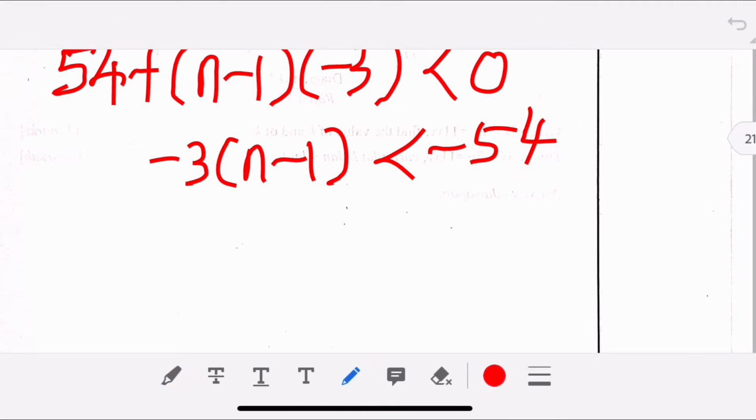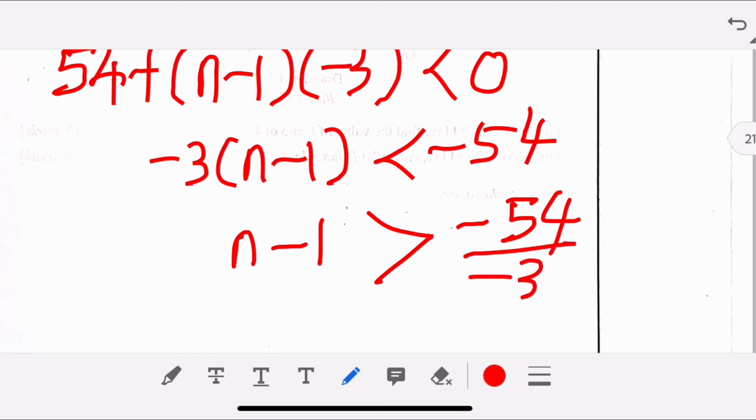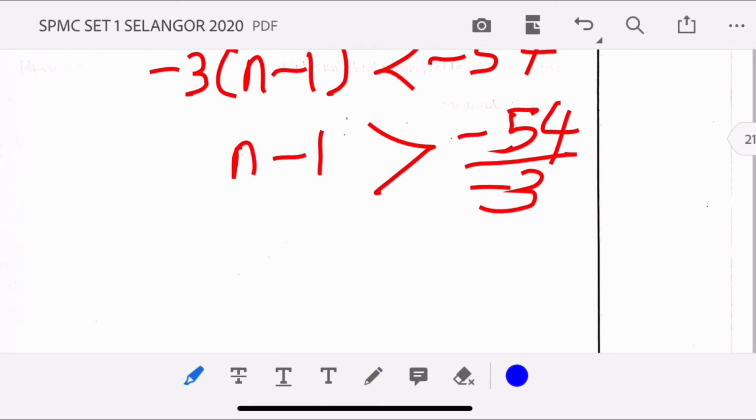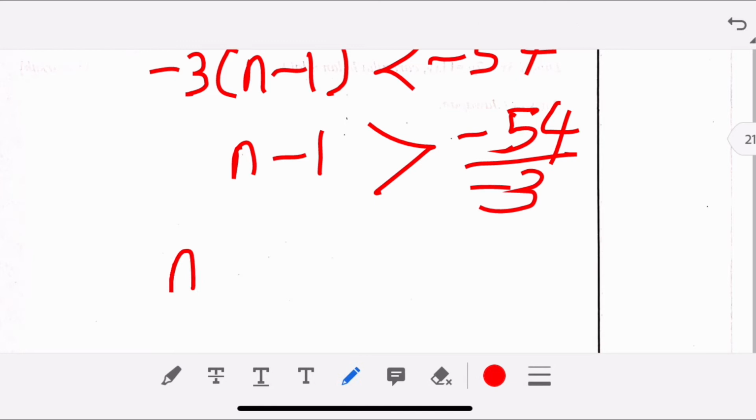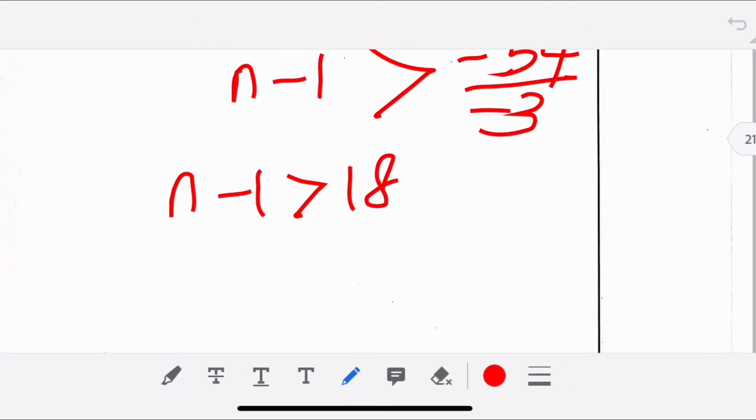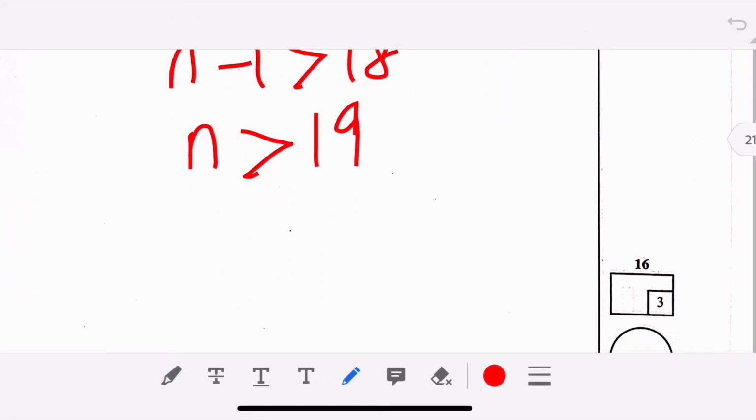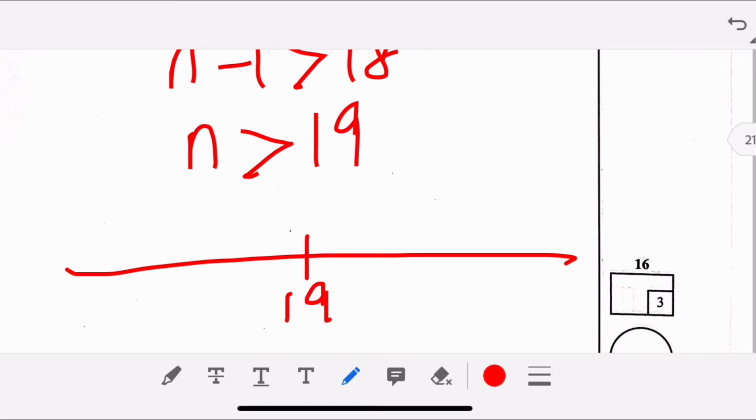Be careful when you have inequality. You have to reverse the sign because you are dividing by a negative number, which is 18. So the n should be more than 19. So please write the value of n carefully. This is the integer that is just more than 19.